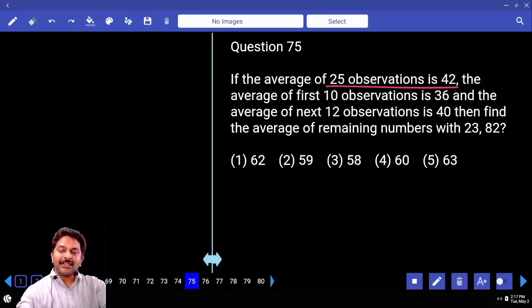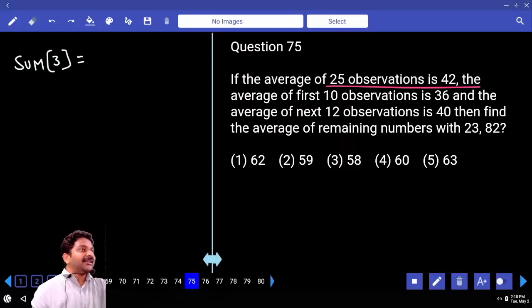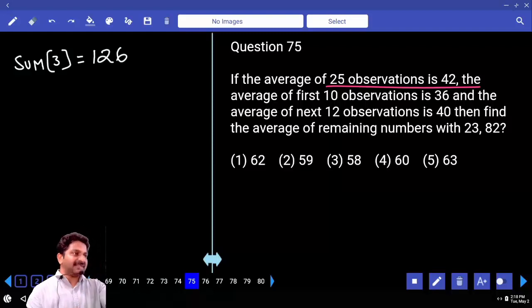Okay. For all the given numbers, according to the equality concept, we can take every number as 42. 3 numbers are missing, so I am trying to calculate the sum of those 3 numbers. If each number is 42, the sum of 3 numbers must be 126, and this is final if the remaining numbers' average is also 42.